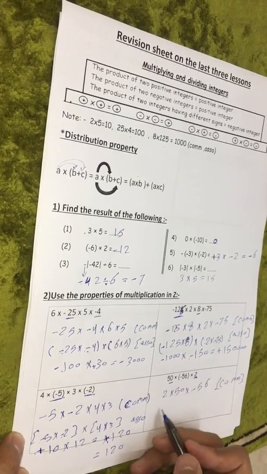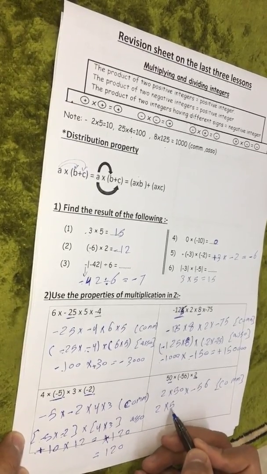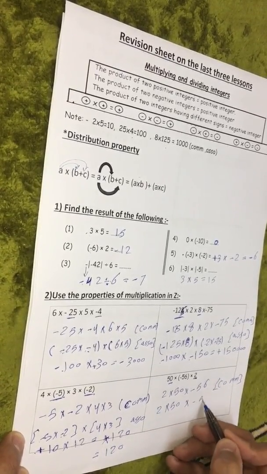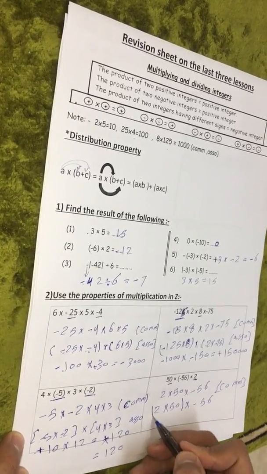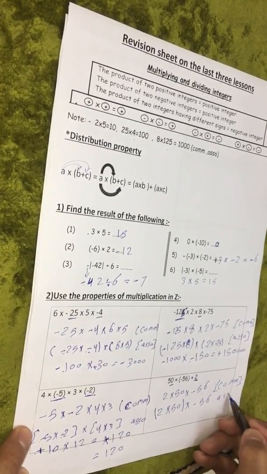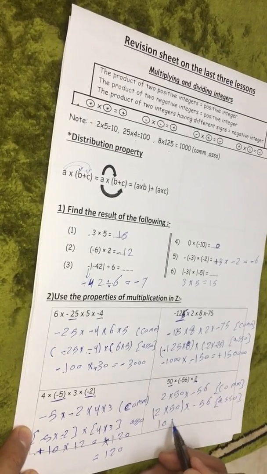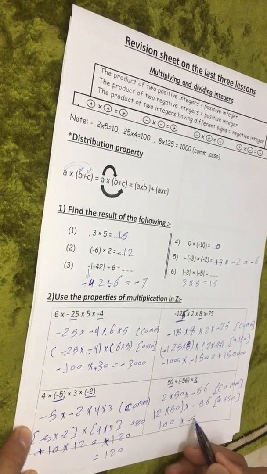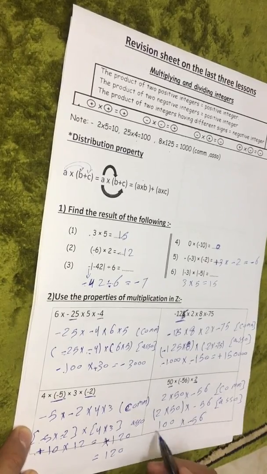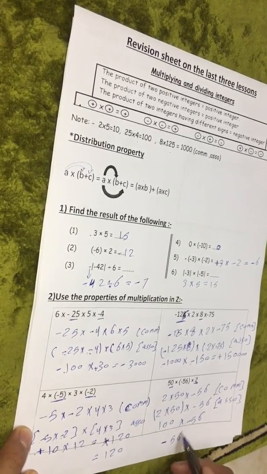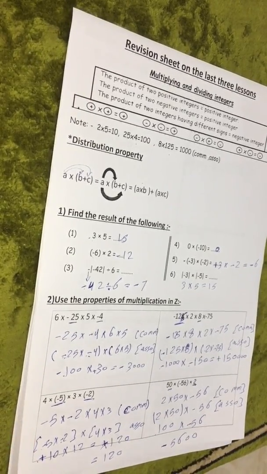Associative: write the same number but in brackets. 2 by 50 equals 100, by negative 56. Now you can multiply negative by positive equals negative 5600. Okay, there is no problem in these cases.